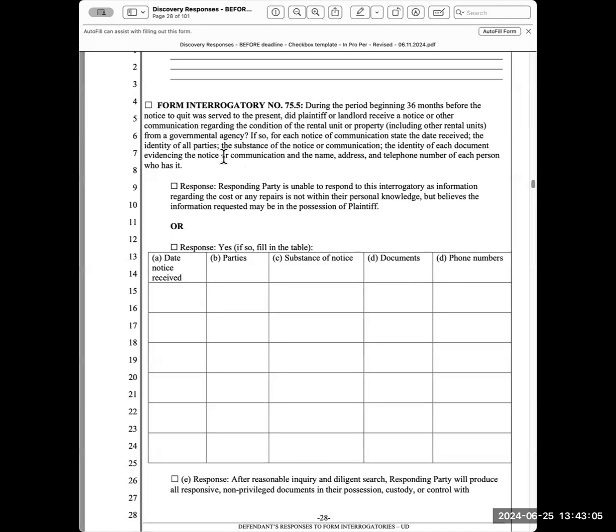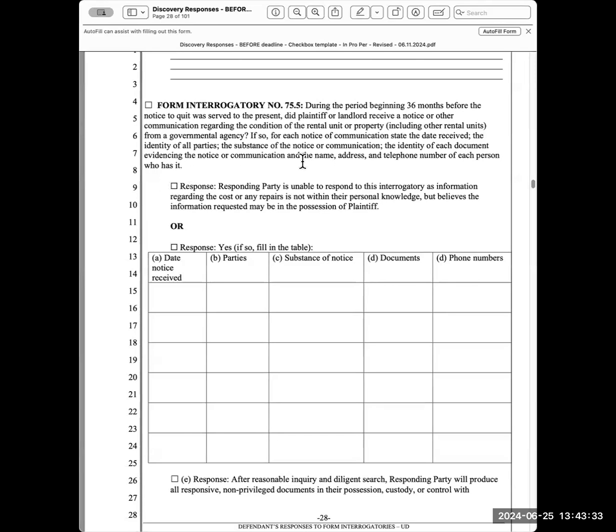If you have that evidence, you would write out that here in the chart. You check yes and answer these points: the date the notice received, the parties involved, substance of the notice, what was the violation, the documents, and phone numbers of witnesses. If you don't have any information, you just check here.